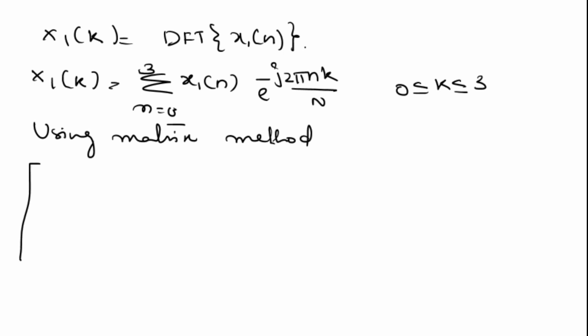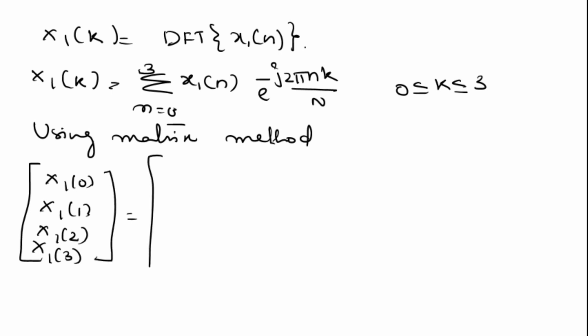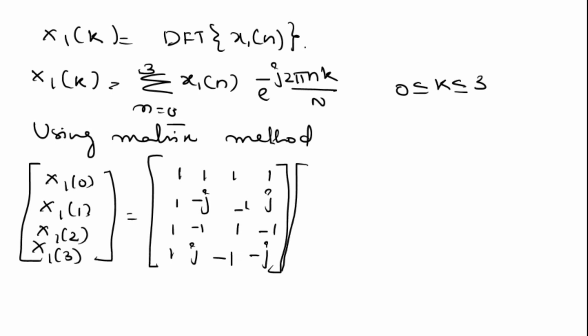We'll get x1 of 0, x1 of 1, x1 of 2 and x1 of 3 is equal to the coefficient matrix 1 1 1 1, 1 minus j minus 1 plus j, 1 minus 1 1 minus 1, 1 plus j minus 1 minus j, which should be multiplied by 1, 2, 3 and 1.